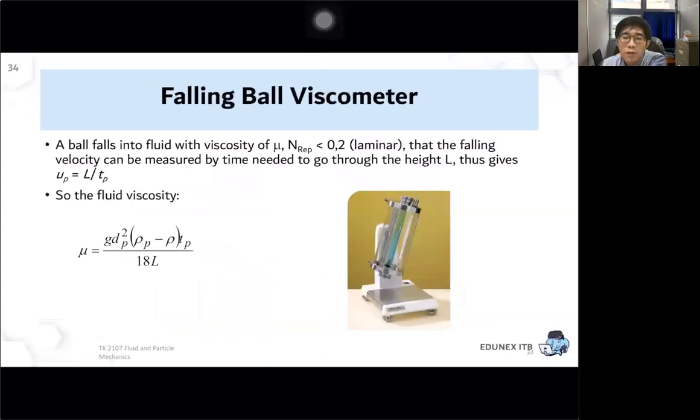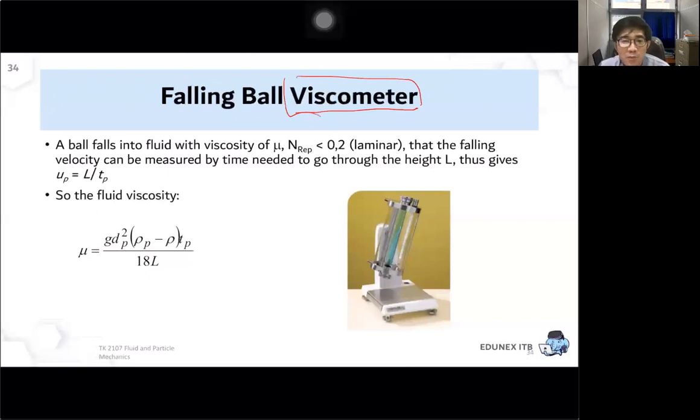Okay, the application of falling particles: this principle is used by the viscometer. By the name, you can guess, right? What is a viscometer? A viscometer is a device that is used to calculate the viscosity of a certain liquid.